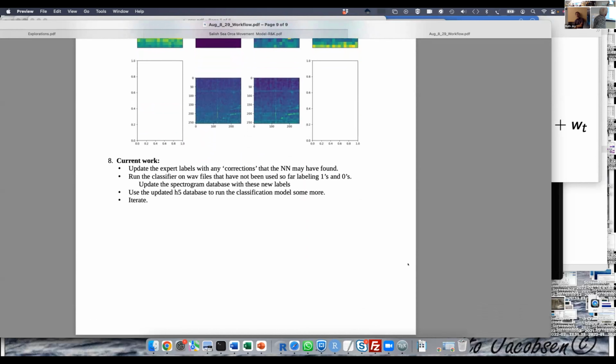And then you get to what you do with it. So what I do with this is I'm updating the expert layer labels, looking at each one and playing them if I have to. And then saying, yes, this one really is a call, but the annotator didn't label it properly, or this one is not a call and the algorithm made a mistake.